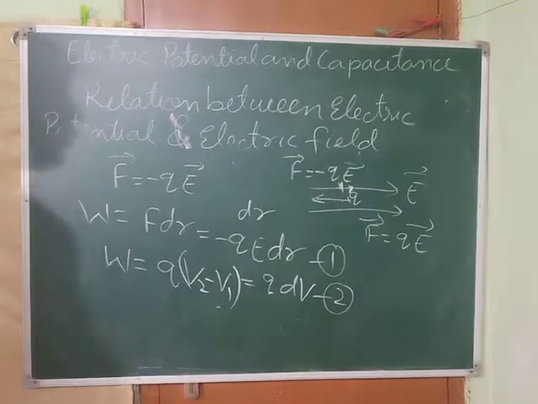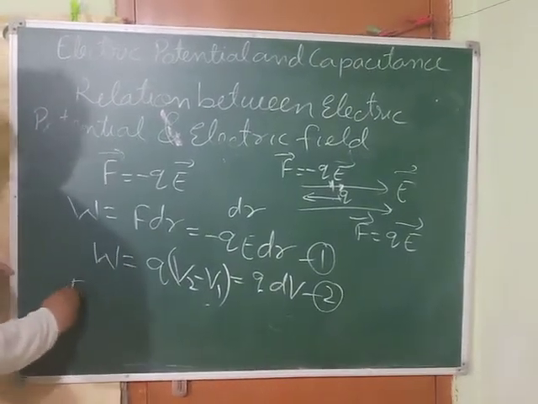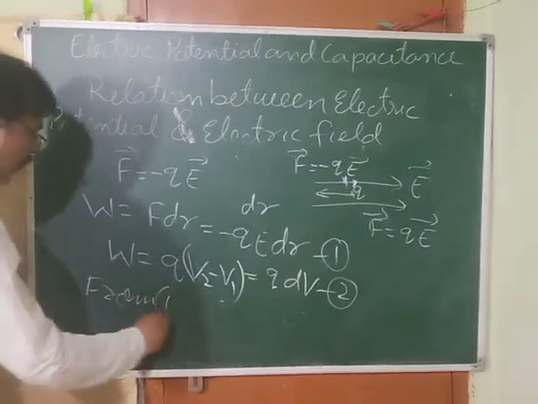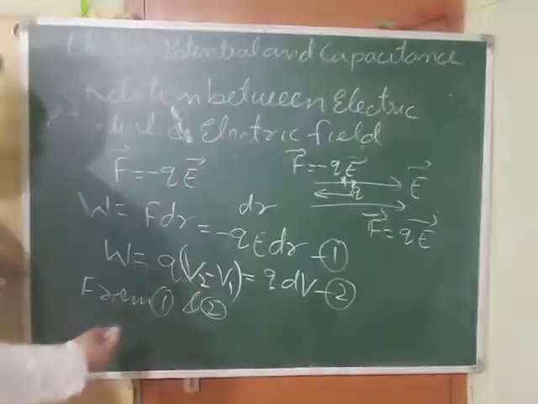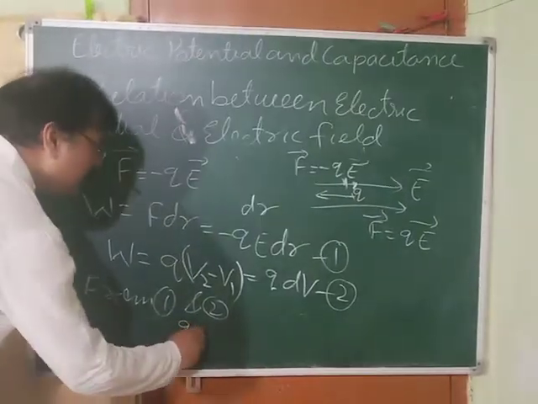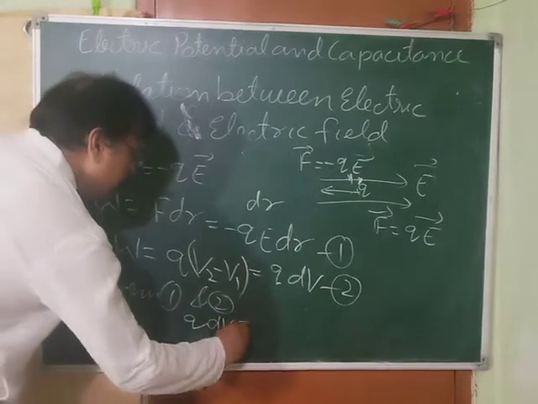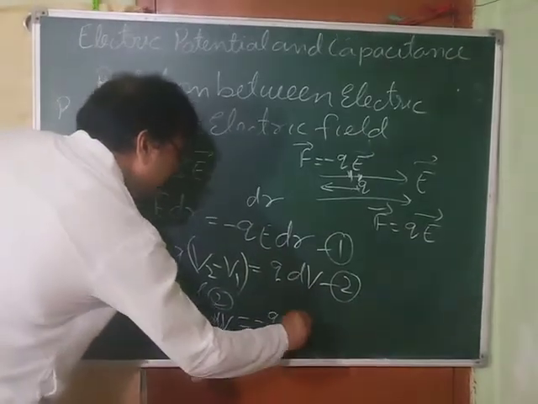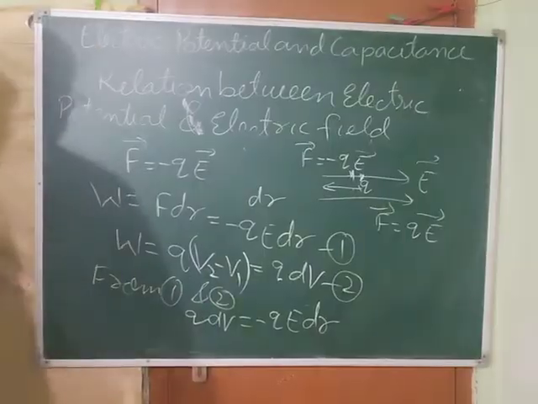So we can equate both of them because both are work. So from 1 and 2, what we can write? Q dV is equals to minus Q E dr. Q can be cancelled out.